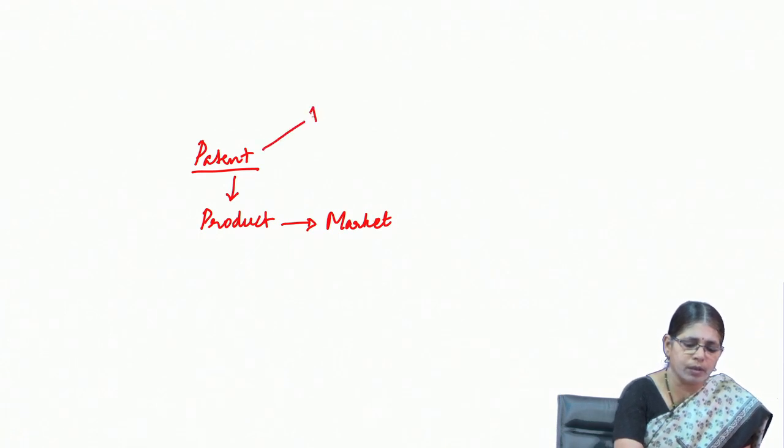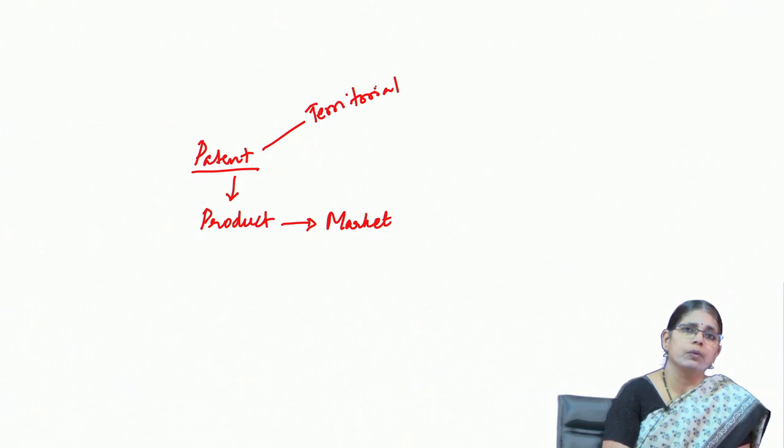One is that patents are territorial in nature. Let us imagine that the patent is in the United States and the market is in the European Union. Before the entry of the product into the European Union, it is important for the company to take up a search to look for whether there are European patents. Many a time it is possible that the technology covered under the product has several patents.